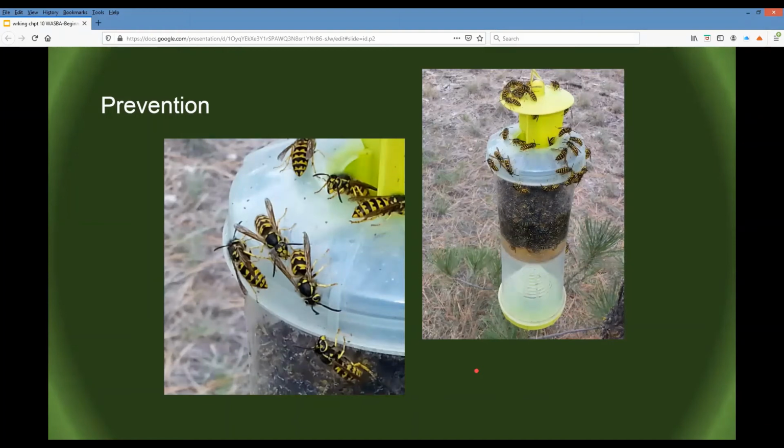There are the things you can buy in the store for attractant. There are a lot of different recipes and ways and traps that people have devised. So there's lots of stuff out there if you want to try different things. I myself have tried the apple juice and water and found it to be quite effective.